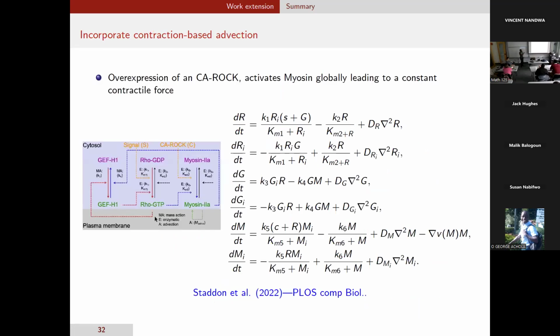The other extension which we also look at is this: since myosin dynamics are much slower, they ignored the myosin advection. But they believe there are some experimental observations where this assumption can't be ignored, so we can bring in the effect of this protein, and see how it affects the myosin.